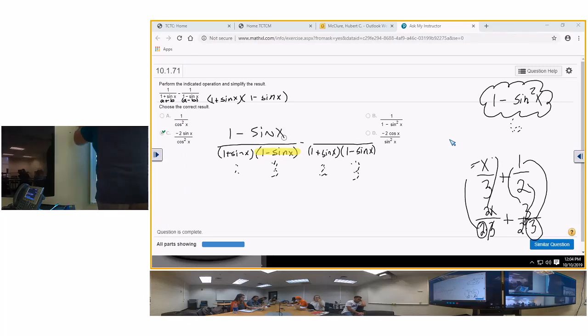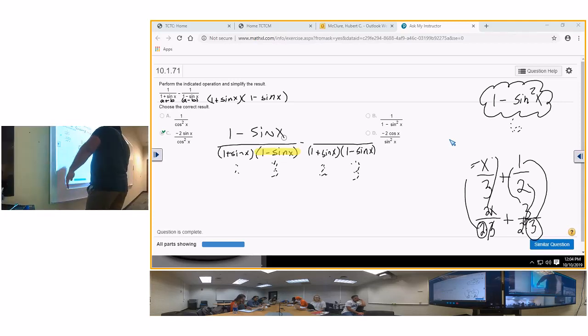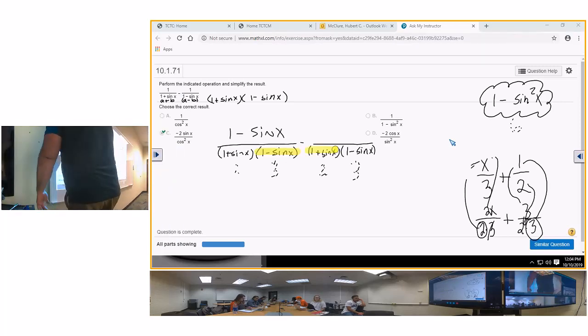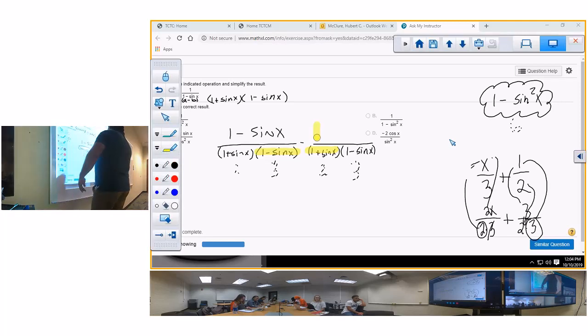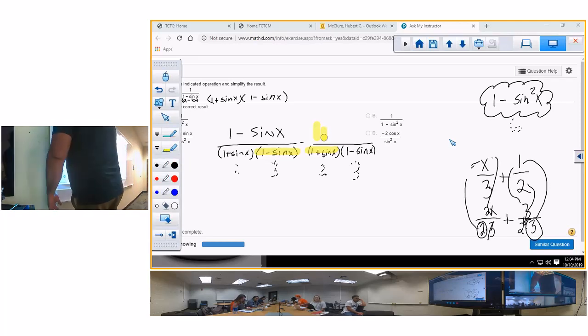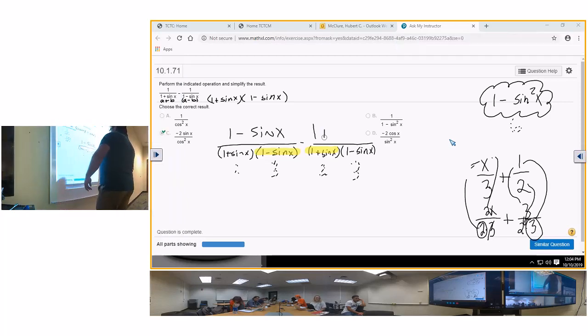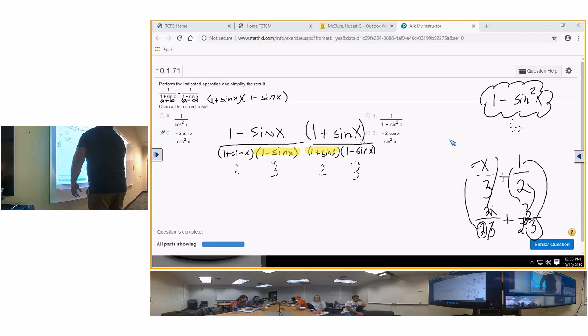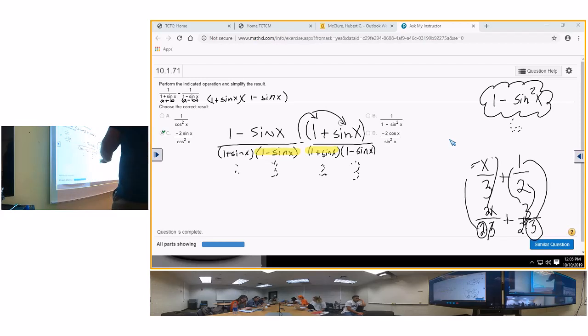How many times will 1 minus sine of x go into this? 1 plus the sine of x. 1 plus the sine of x times 1 is 1 plus the sine of x. So now I put all that, got to distribute this negative. Is this important? Yes. If you forget that step, you might as well not even finish the problem because it's going to be wrong.